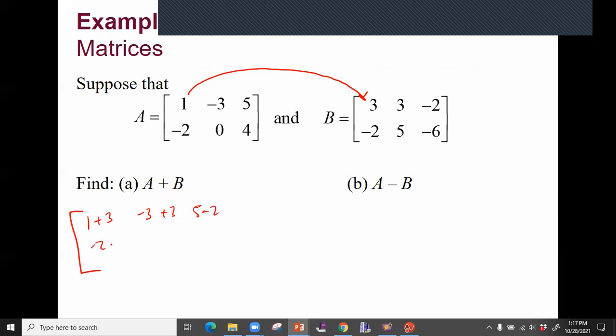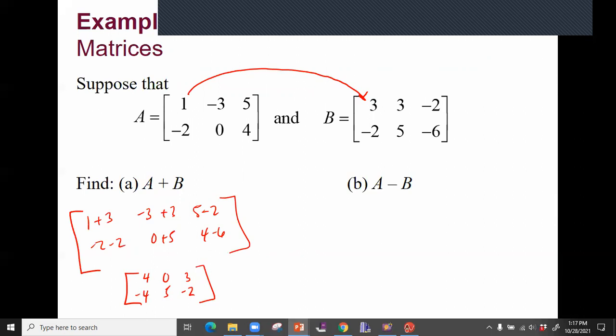I have negative 2 minus 2. I have 0 plus 5, and I have 4 minus 6. So then my sum would be 4, 0, 3, negative 4, 5, negative 2. You remember this?